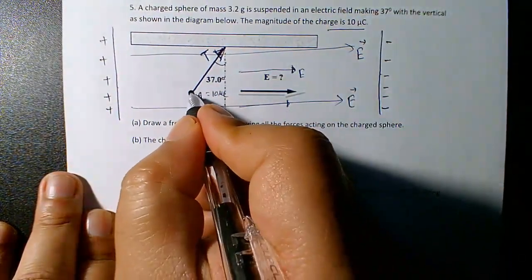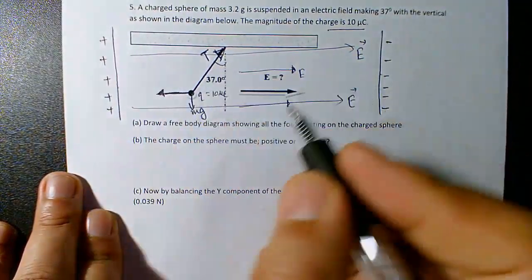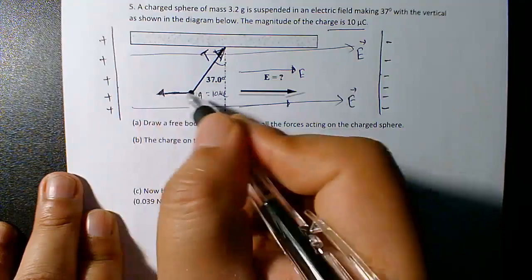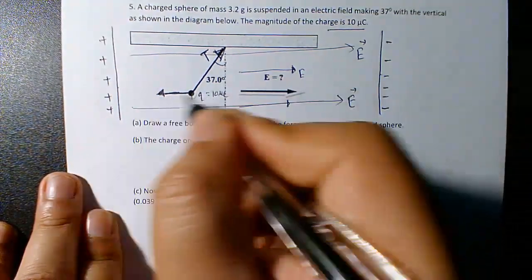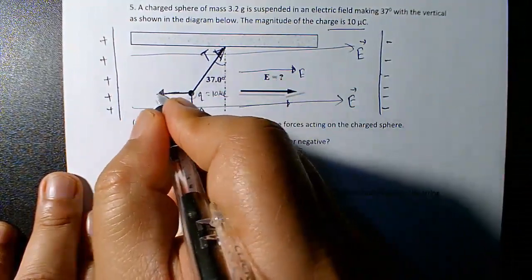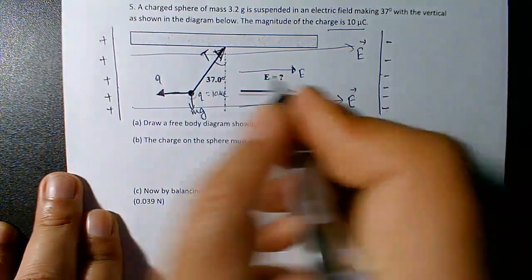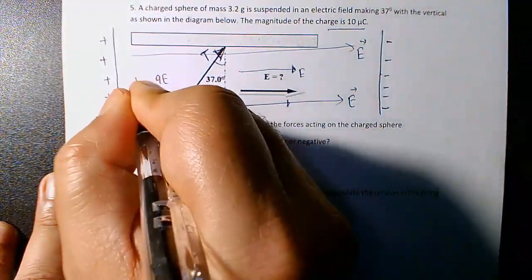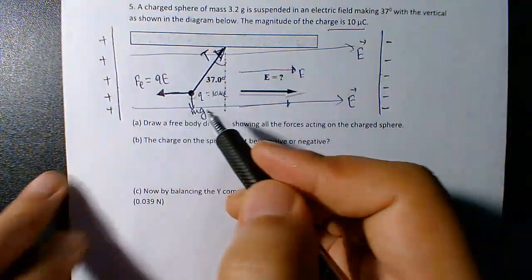And you have the electrostatic force going this direction. That's the reason it's going that way, because the electric field deflects it that way. That means the electrical force is that way. What's the magnitude of that in terms of the electric field? Q times E, that's the electrical force. So that's the free body diagram.